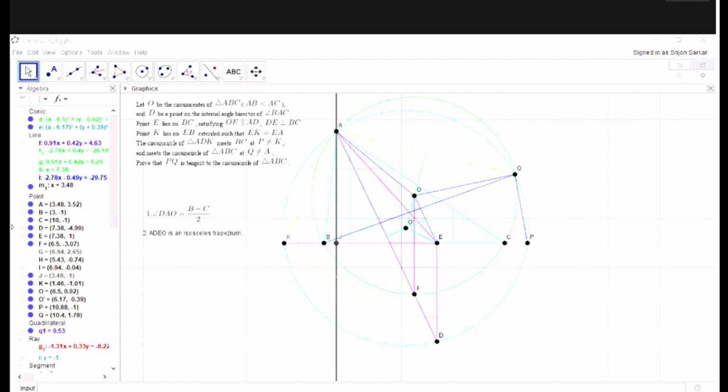But which collinearity? O dashed midpoint. Okay, nice.